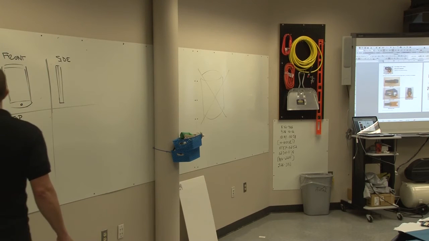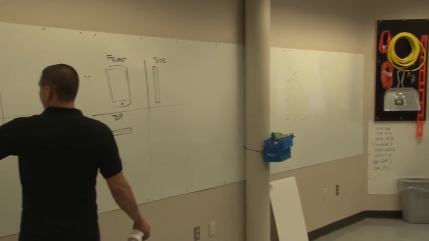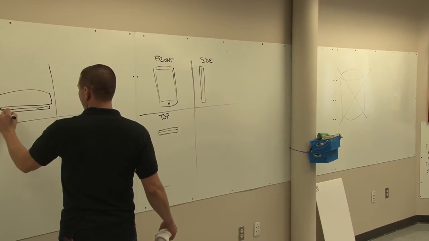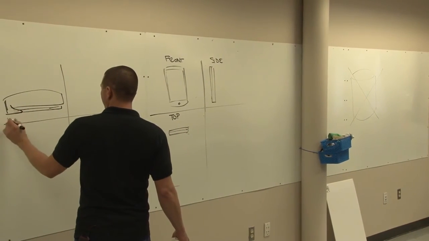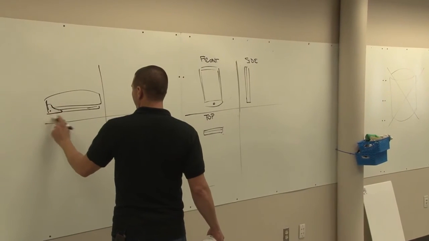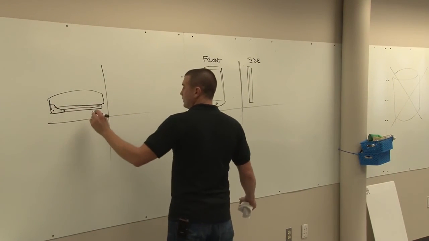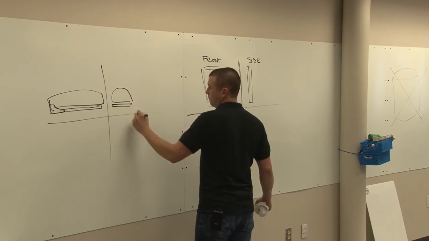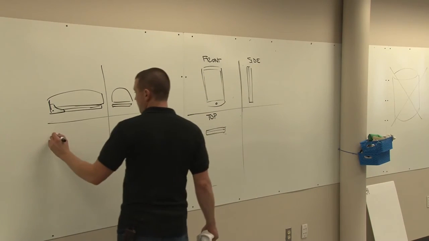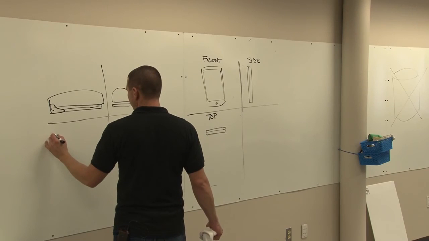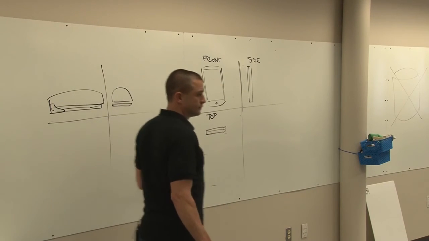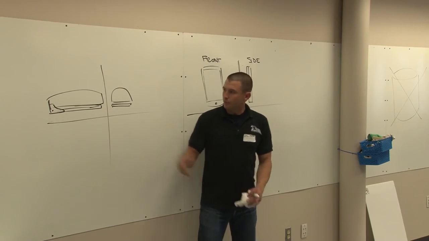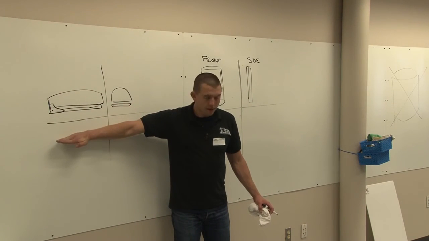Stapler, similar deal. This would be the most natural view of the stapler from the side here. This would be the front view. And a top view. You know what? For the stapler, I could do the top view two different ways. I could flip it here, do it that way.